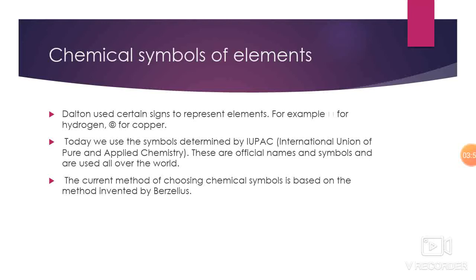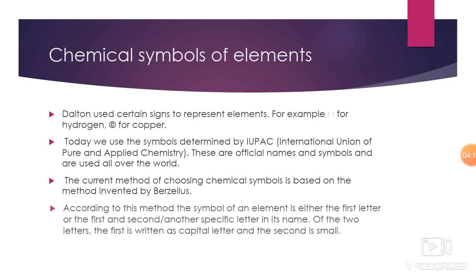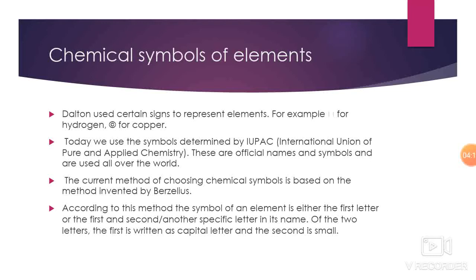The current method of choosing chemical symbols is based on the method invented by Berzelius. So the current method of choosing symbols for the element is based on a method given by the scientist named Berzelius. According to this method, the symbol of an element is either the first letter, or the first and second letter, or the first and another specific letter in its name.